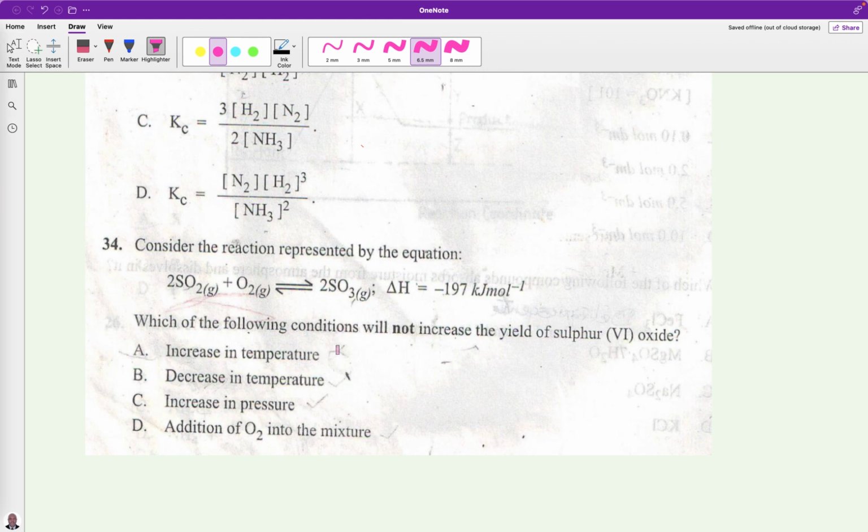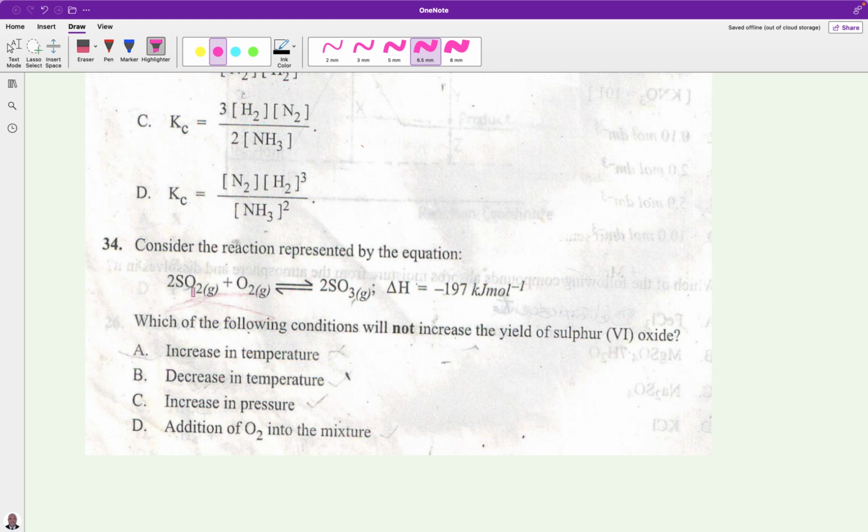That is, instead of the formation of SO3, SO3 is going to break down because temperature has increased, forming more SO2 and O2. So the equilibrium is going to shift to the left. So A is likely going to be the answer.